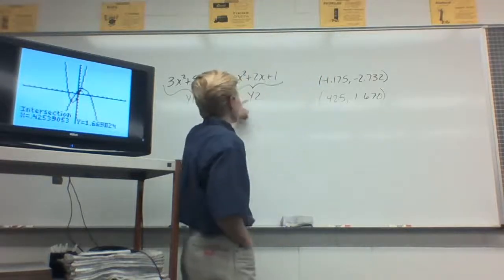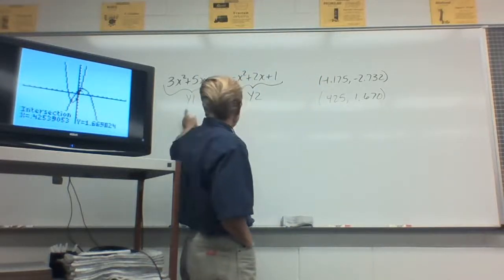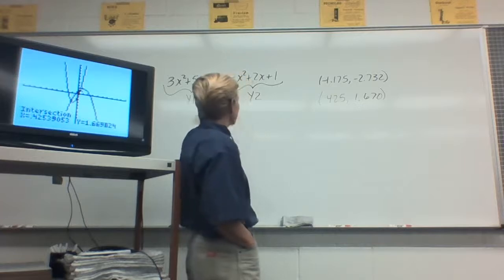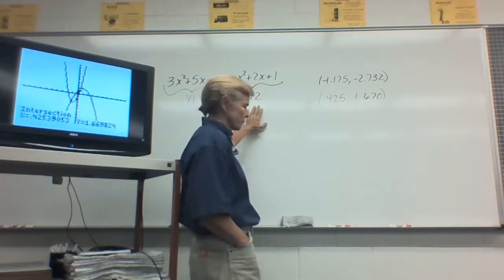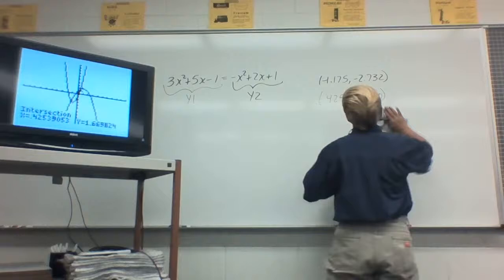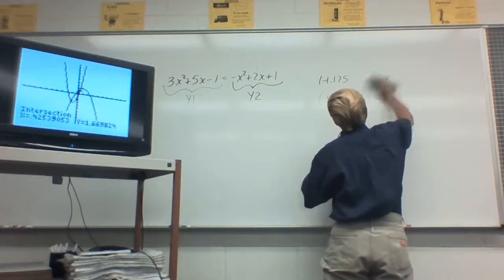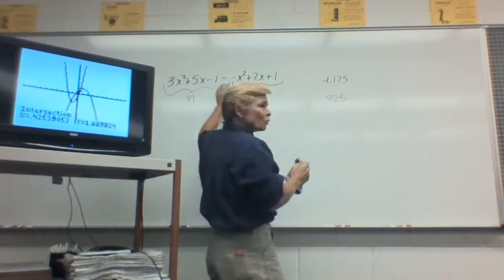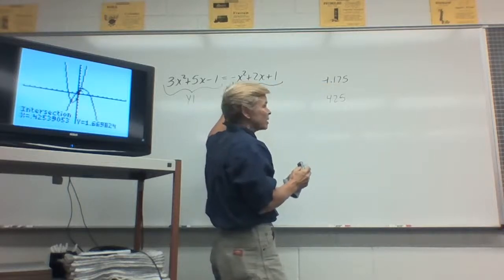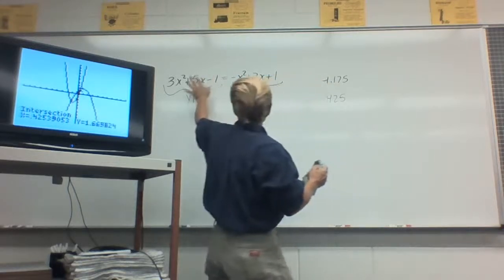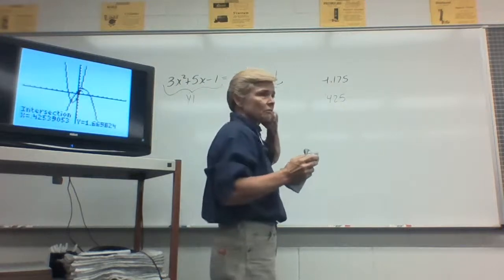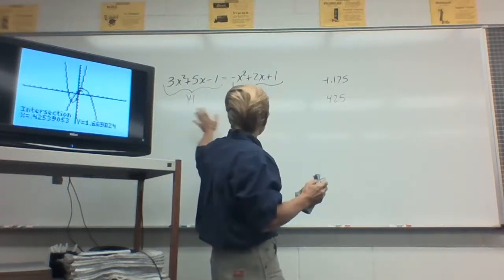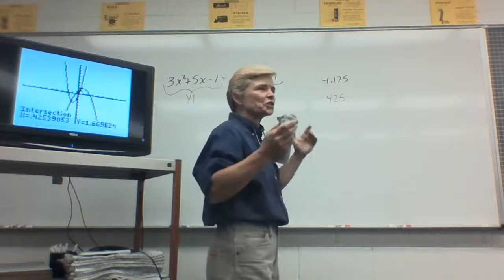There were no y's in the original. We forced the issue by using the calculator to graph them. The answers are these, and only these, because only x's can count, because only x's were in the presentation of the problem. These two x values make this equal to this. We just forced the y issue to make it easier to solve.